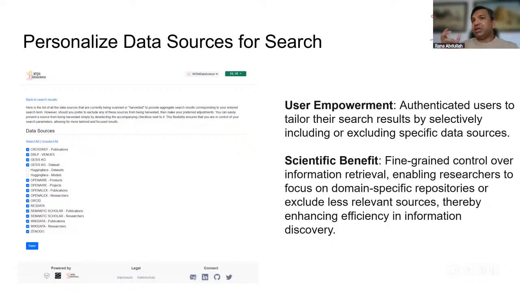For example, if they are in the social sciences, they can solely focus on GESIS. This feature enables users to narrow down their search and focus on the key aspects they are interested in. It has scientific benefit, and it also gives the capability of fine-grained search results.